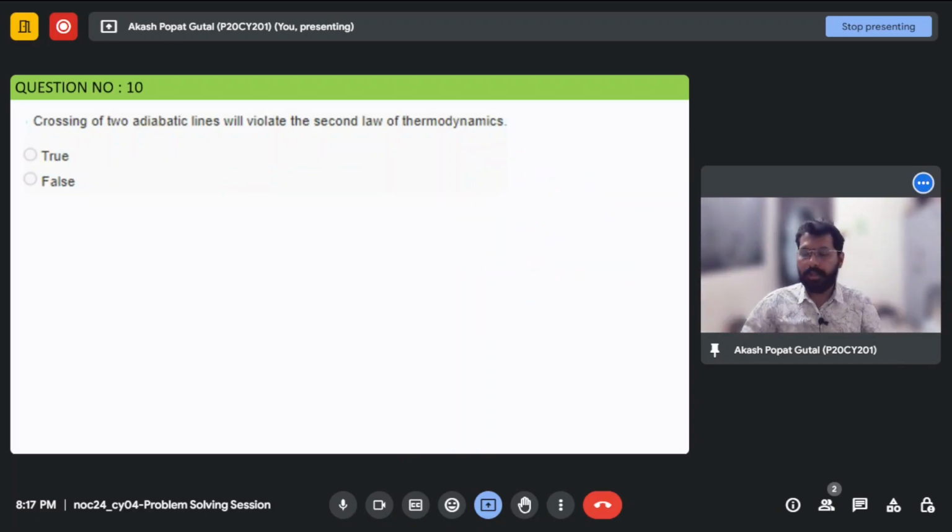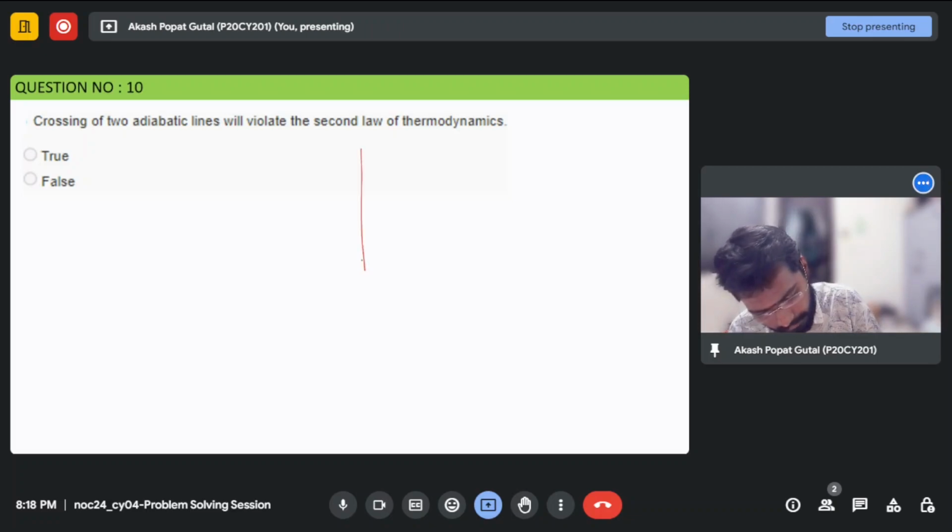The last question, the 10th question is, crossing of two adiabatic lines will violate the second law of thermodynamics. So we'll see how this statement is true or false.